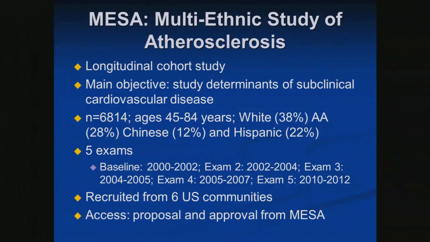They have, actually now it's 6 exams, this is not updated. Baseline began in the year 2000. The 6th exam was just completed in 2018. They're recruited from 6 US communities. And access is the same as CHS. It's via a proposal and approval from MESA.